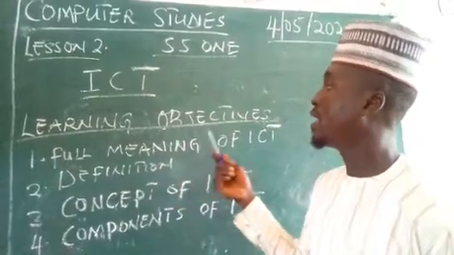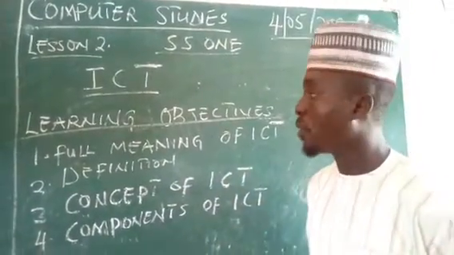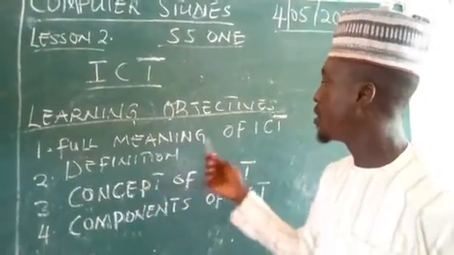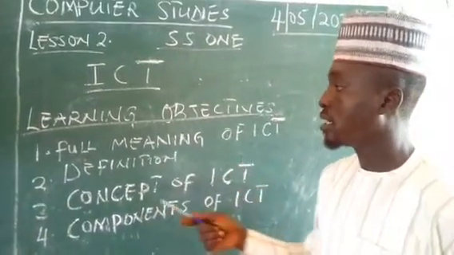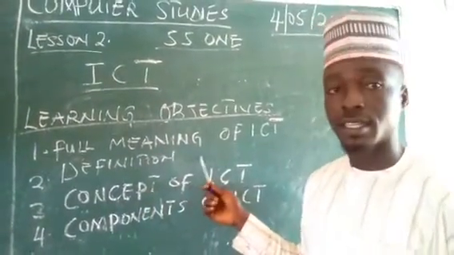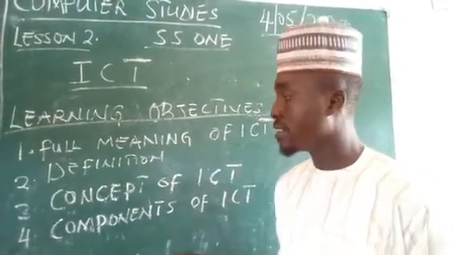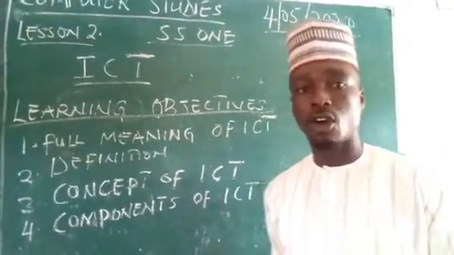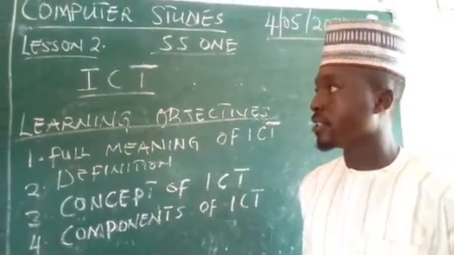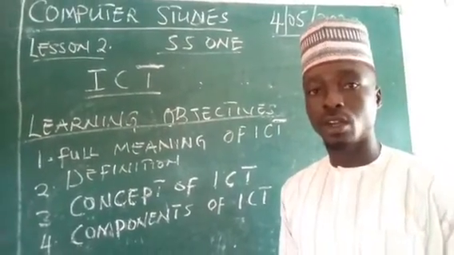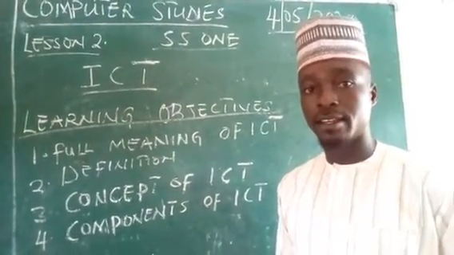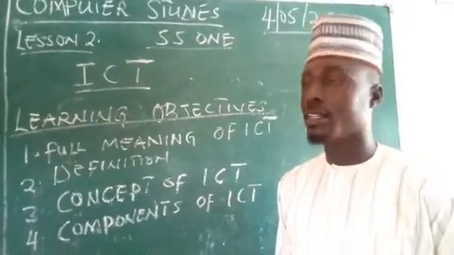These are the following learning objectives we are going to deliberate upon: the full meaning of ICT, definition of ICT, and explaining the concept of ICT, then components of ICT. So follow me as we learn together so that you will achieve something in this lesson.